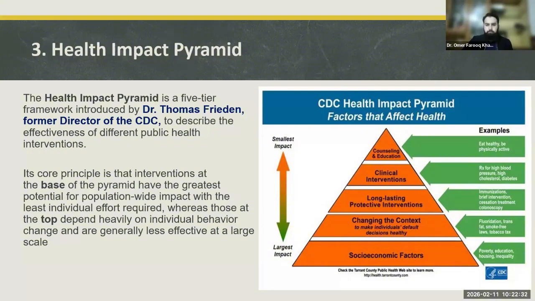So basically, this health impact pyramid states that the largest impact factor for people accepting healthy behaviors is the socioeconomic factors. Socioeconomic factors have the largest impact when we think about the susceptibility or perception of people about health behaviors. These factors include poverty, education, and housing inequality.